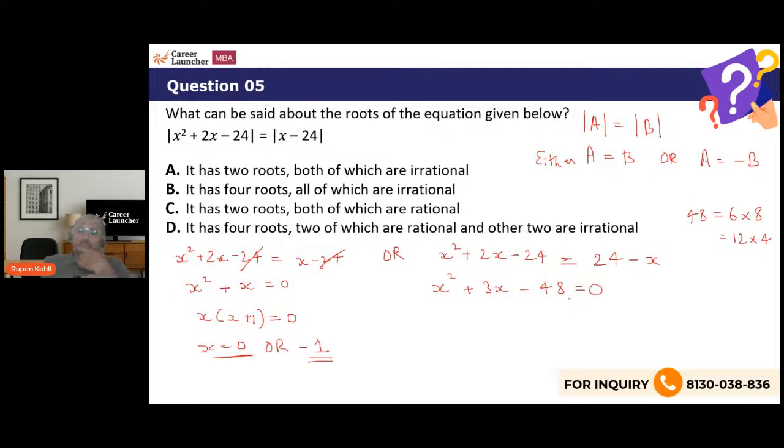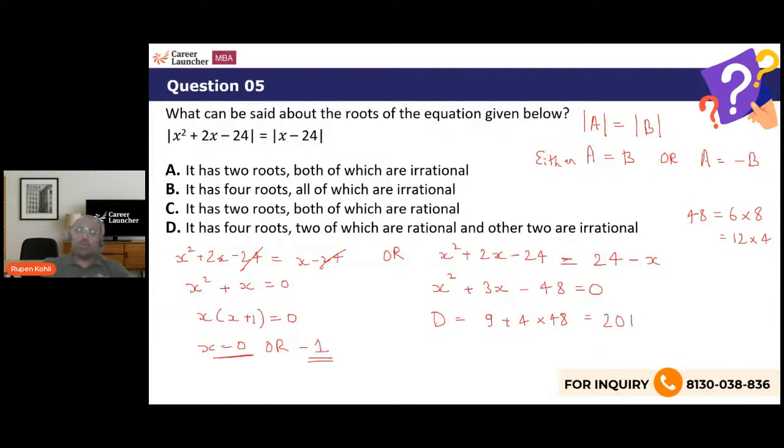integer roots, right? In fact, it does not even have rational roots because the discriminant is not a perfect square. We are not able to do the splitting of the middle term, and you can also double check the discriminant. It is b square minus 4ac, 3 square, 9, minus 4 into minus 48, so plus 4 into 48. 48 into 4 will be 192, and 192 plus 9 is 201.